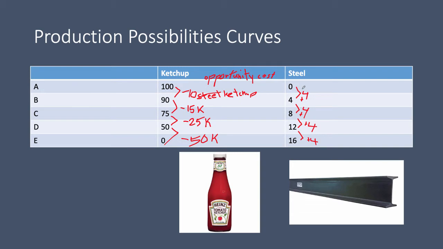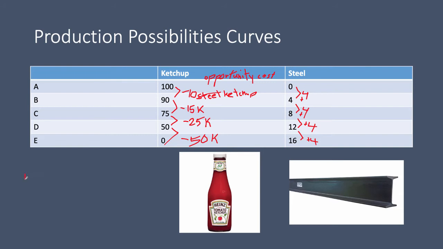So every time we increase steel by the same amount, but we're not giving up the same amount of ketchup every time. In fact, we give up progressively more and more and more ketchup. Now this actually has a name in economics. This is what we sometimes refer to as the law of increasing opportunity cost.